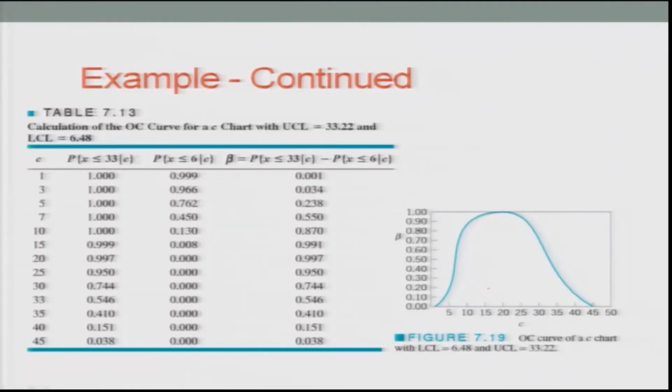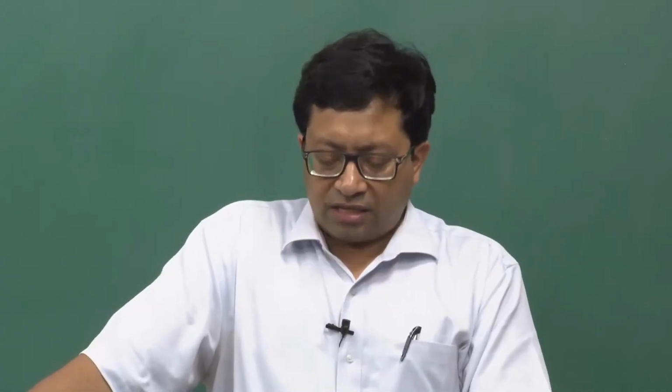Calculate the OC curves for C charts with upper control limit as 33.22 and lower control limit as 6.48. Column 1 gives you the C values as 1, 3, 5, 7, till the second last one, 40, then 45. Then the probability that x is less than or equal to 33 given a certain value of C ranges from 1 to 0.038 depending on where C is, and then you can find the probability that x is less than or equal to 6.